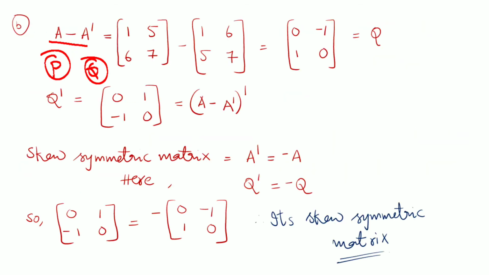So here you are having 0, 1 and minus 1, 0. Here negative sign outside, 0, minus 1, 1 and 0. If you check these two matrices, you can see that these two matrices are equal. So it is a skew symmetric matrix.